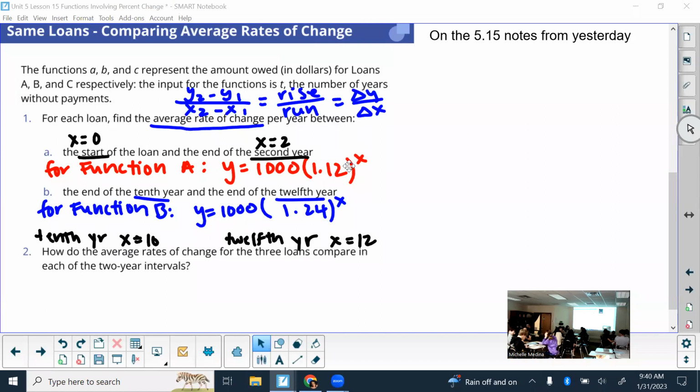All right, table 7, did we get a final answer for part A that I asked you to do? Did we get a final answer for part A, the rate of change from the start to the second year?